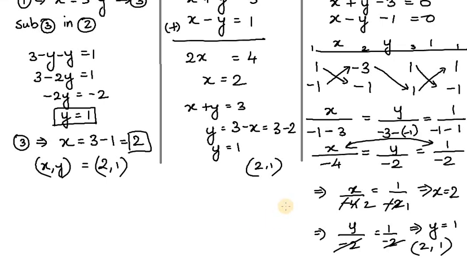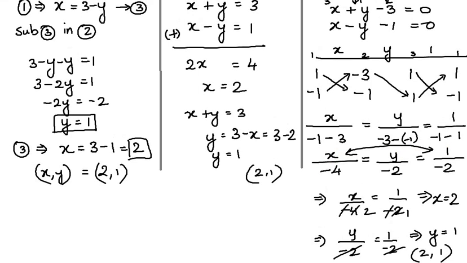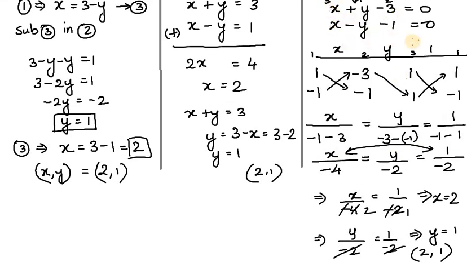So this method is called the cross multiplication method. In the cross multiplication method, step 1: we wrote the equations in standard form. Step 2: we created a block wherein you had x, y, 1 and below that the coefficients in the order pattern 1, 2, 3, 1. Here I am taking y's coefficient as 1. If it is easier for you, if you write 1, 2, 3, you will start with 2, 3, 1, 2.